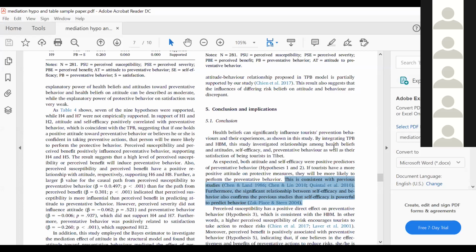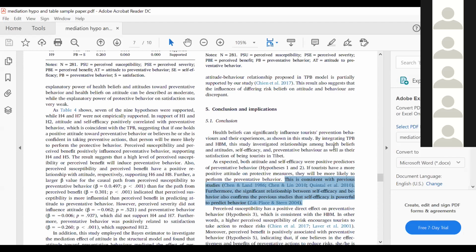Which studies? Chen and Lee, Quintal et al. I don't have to find these studies again. They are already there in my review of literature. I had hypothesized this relationship. I had already studied 4 authors who had said, yes, there is a positive impact. So now when in conclusion there is a positive impact, I will have to reiterate.